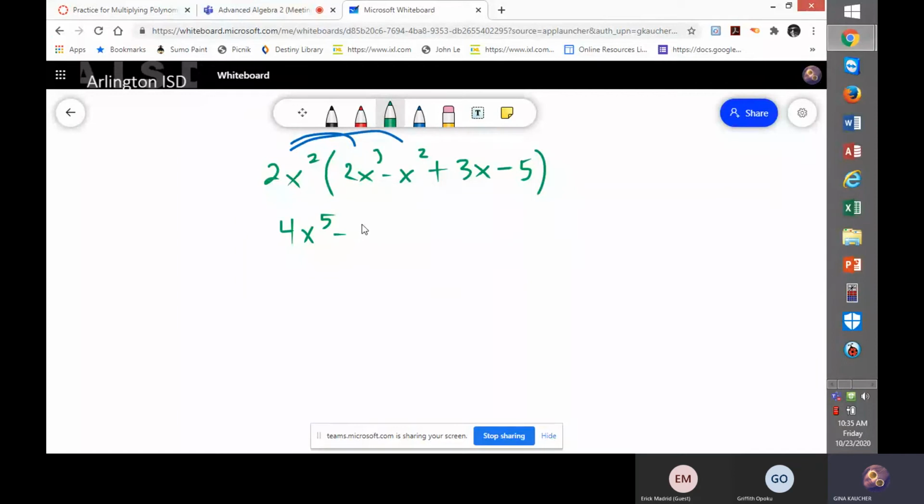That's going to be a negative 2, and 2 plus 2 is 4, so negative 2x to the 4th. Then 2x squared times 3x: 2 times 3 is 6, and 2 plus 1 gives x cubed. And then 2x squared times negative 5, so of course that would be negative 10 for the numbers.